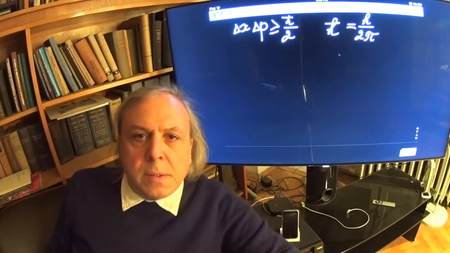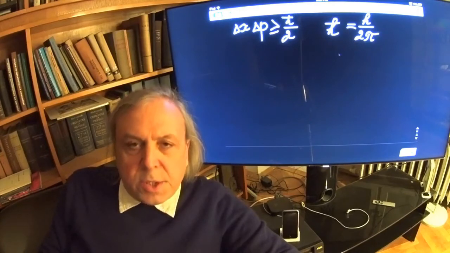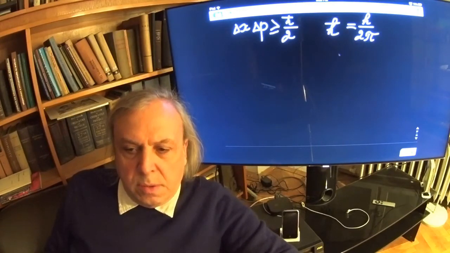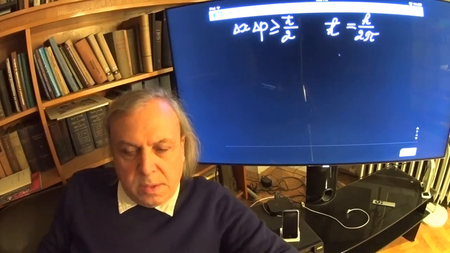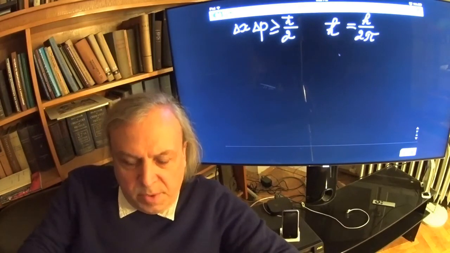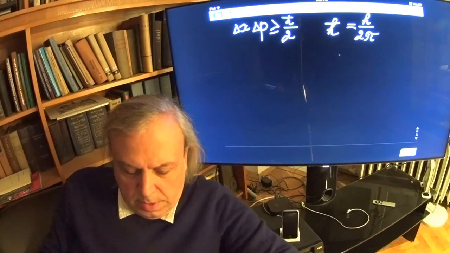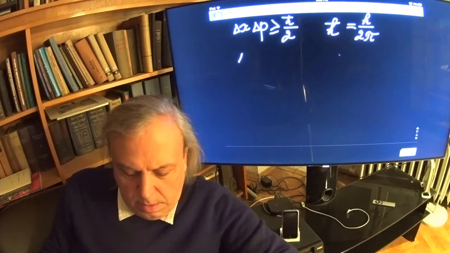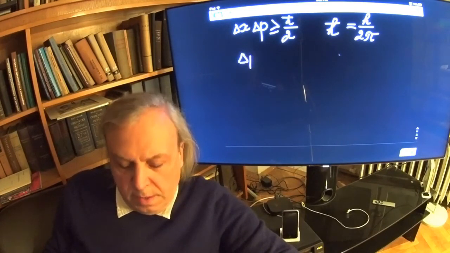As seen, if the uncertainty in the position of a body is 0, that is to say, if a body is at rest at a given position, then delta p will be infinity.